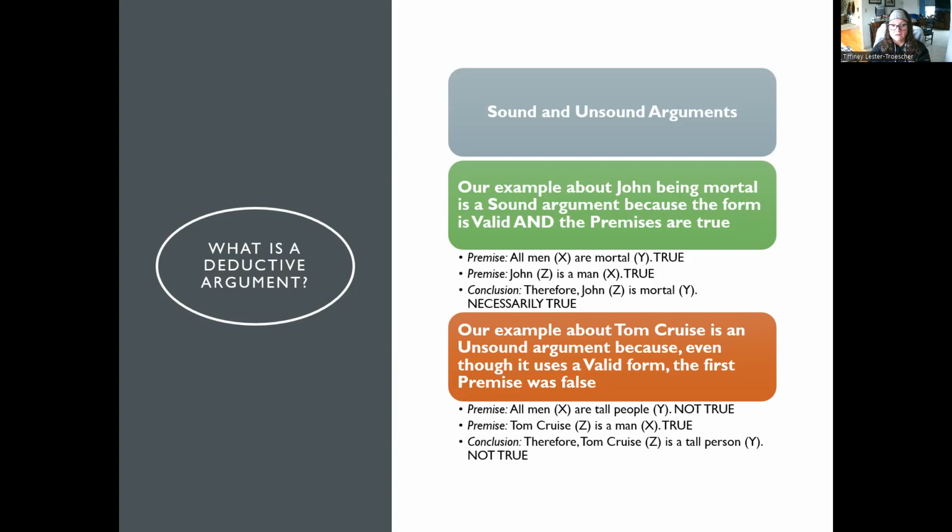X equals Y. Tom Cruise is a man. Z equals X. Therefore, Tom Cruise is a tall person. Z equals Y. But all men are not tall people. That's not true. Therefore, the conclusion, not true. It is an unsound argument.